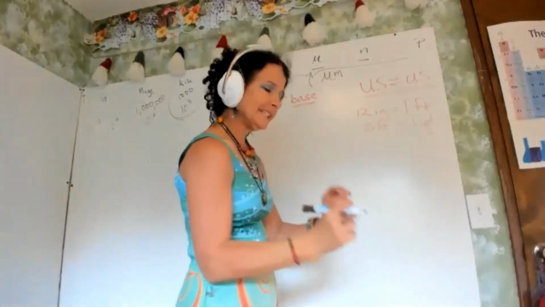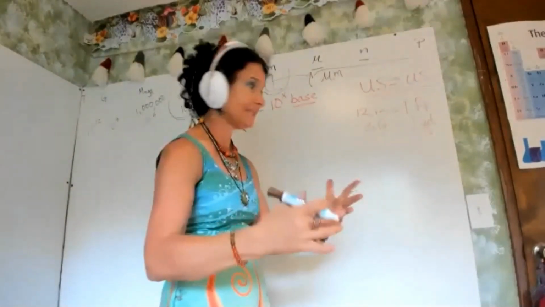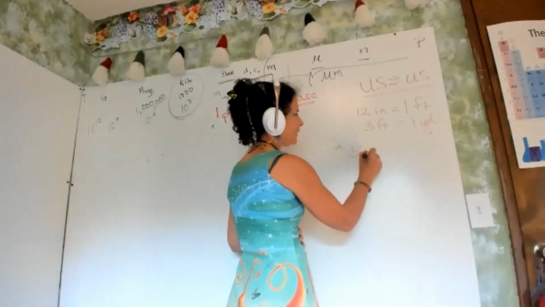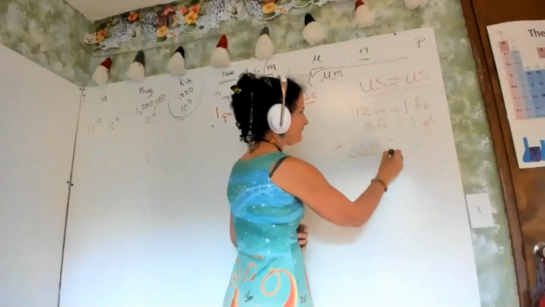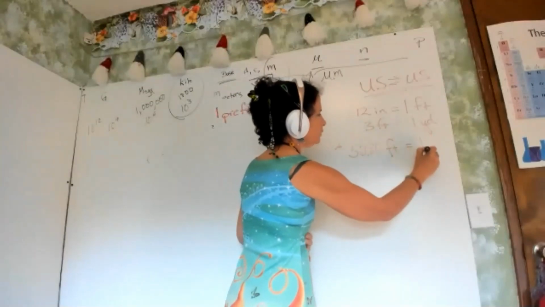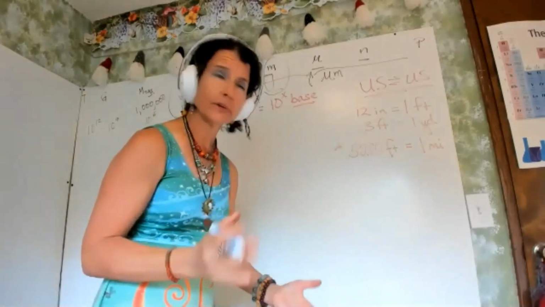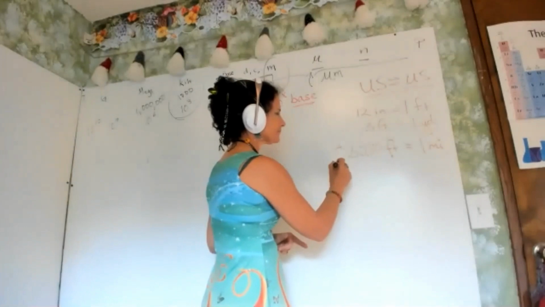When you abbreviate units, you have to use the correct abbreviation. You don't get to make up one. This is one that many people forget, so you might want to all write it down. There's 5,280 feet in 1 mile.